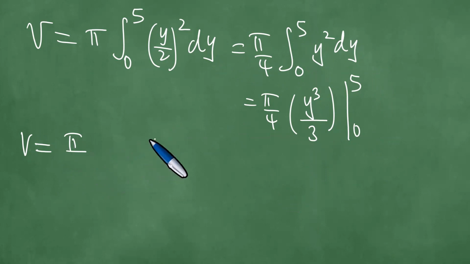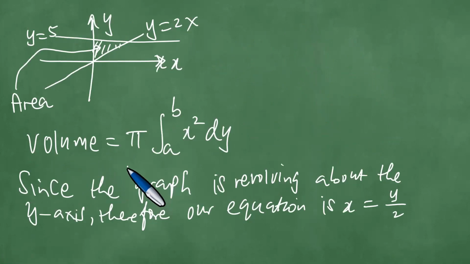Pi out of 4 by 3 is 12. Okay, so obviously, from y equals 2x, we can see that x is y on 2, and the y is from 0 to 5.